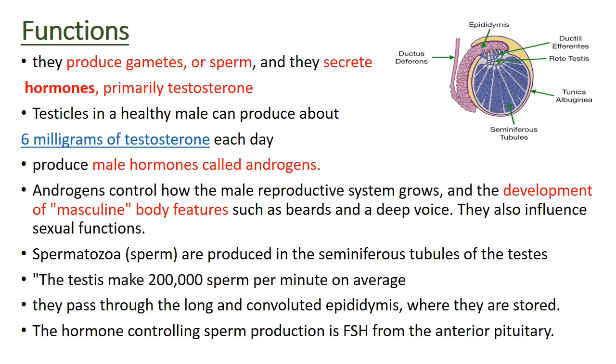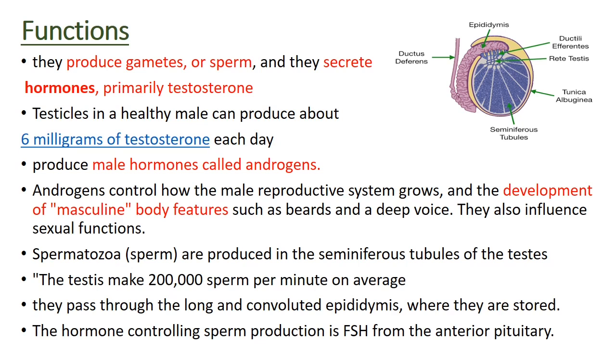Now we'll see the functions of the testes. The two major functions are, first, to produce gametes, or we can say sperm, and second, they produce testosterone. The testicle in a healthy male can produce about 6 milligrams of testosterone each day.